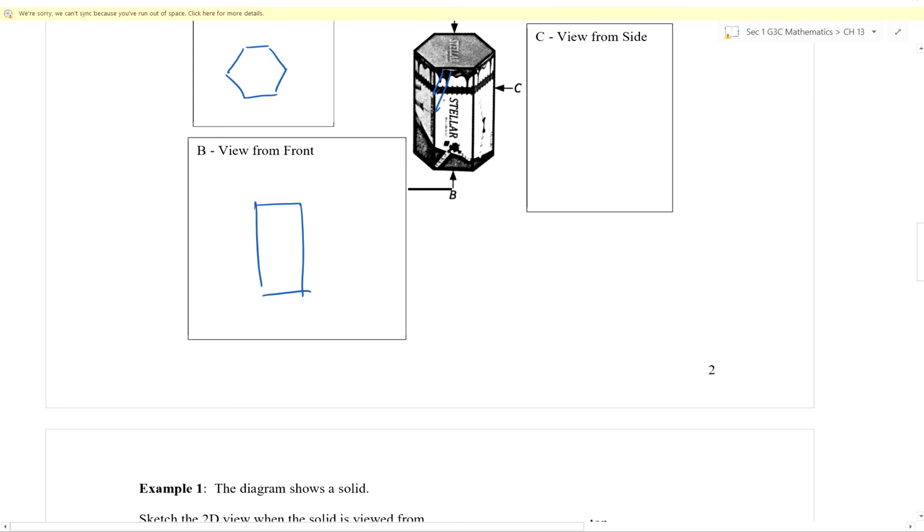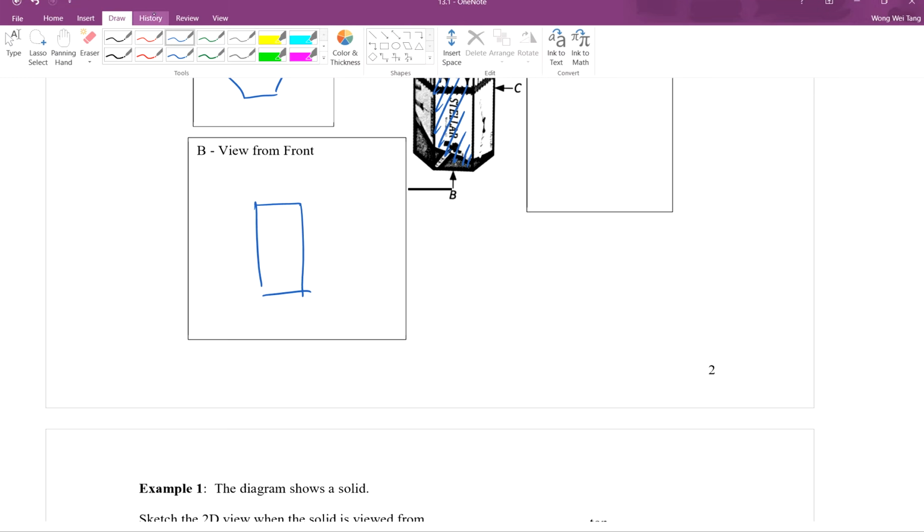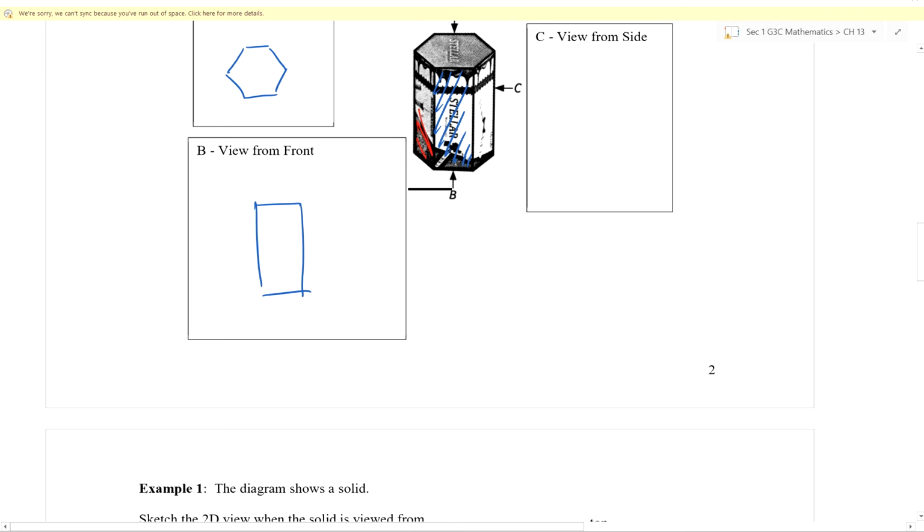But this rectangle only represents this shaded blue region. We are also able to see this red region. It is going to take the form of another rectangle, but this time the width is a little shorter because of the angle. Similarly, we have another rectangle over here.